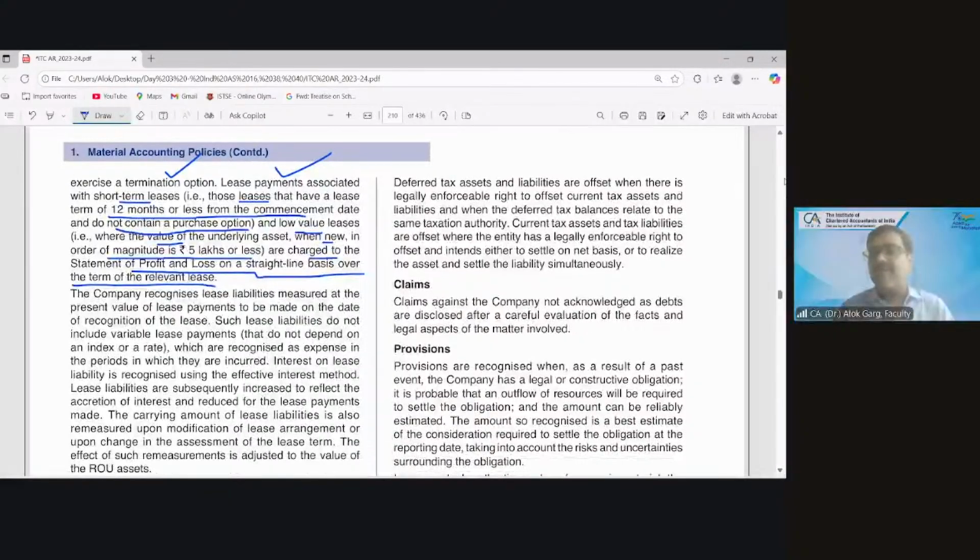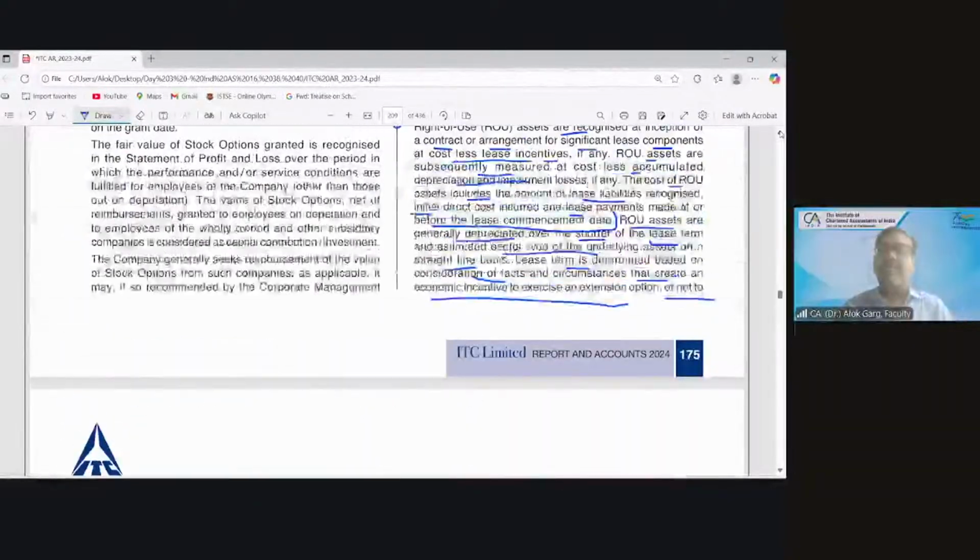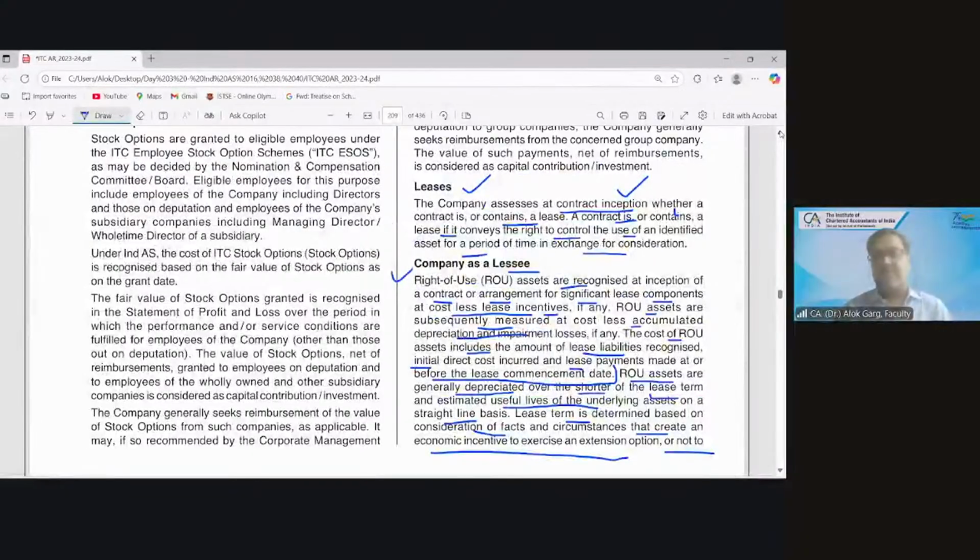Now tell me one thing: from these big listed companies, ITC, whatever I have shown you as an accounting policy, every bit of it, have you covered or not? Covered. Everything is covered, sir. The entire revision you are doing again. Ayush, whatever concepts are given in this annual report, have we covered those concepts?